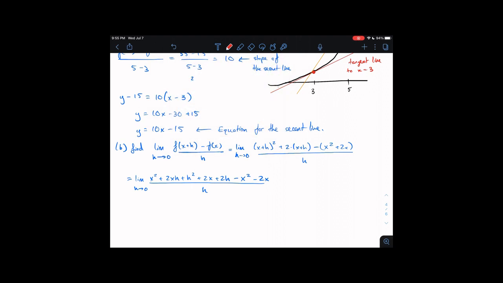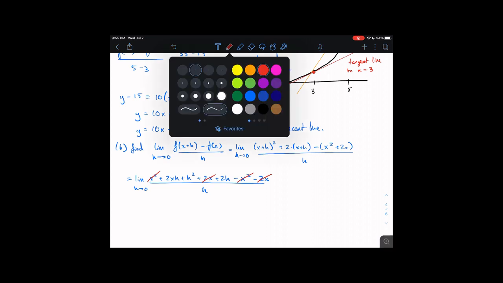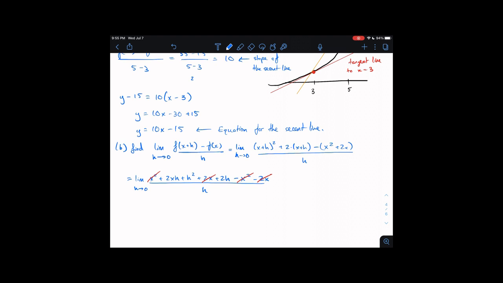And then I'm going to start canceling stuff. That's what this lovely red is for. All right, so positive 2x, negative 2x. Negative x squared, positive x squared. Now remember, if I did this math right, there should be an h term in everything on top, because that allows me to divide.